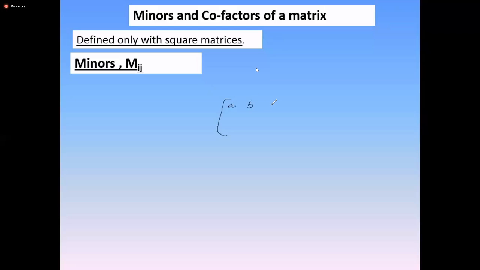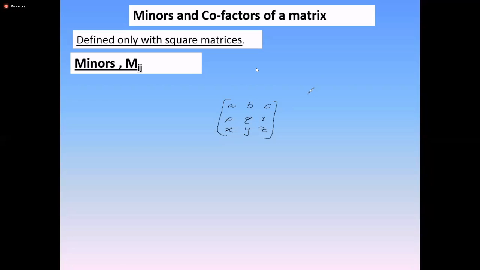A, B, C is a square matrix, then P, Q, R, and X, Y, Z. This is the matrix. There are 9 elements: A, B, C, P, Q, R, X, Y, Z.